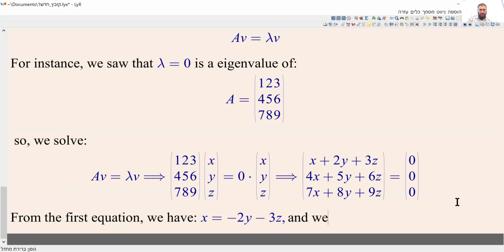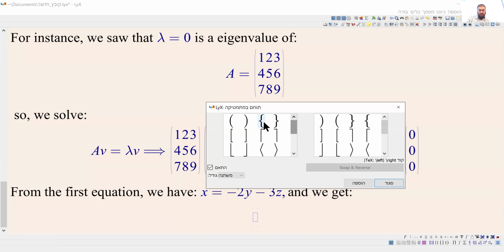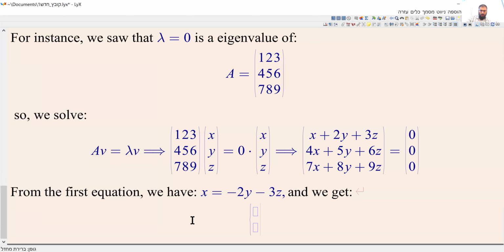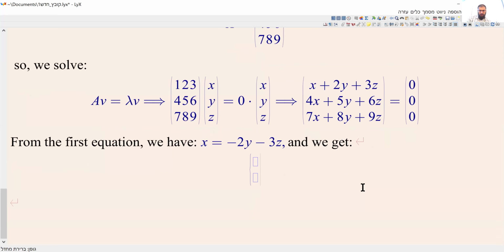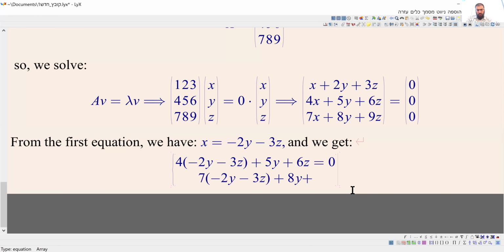To plug it into the other equations, we have 4 times minus 2y minus 3z plus 5y plus 6z. If you want to write down a matrix and eliminate some of the elements, it's totally fine. Solving a system of equations is something that I know that you know, so it's not that important how you do it.